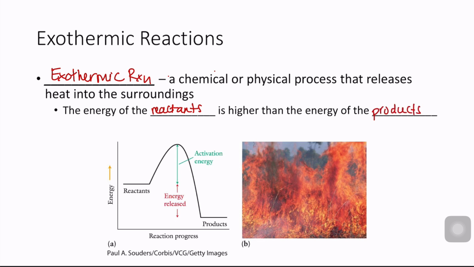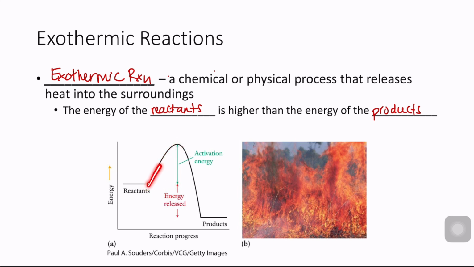And we can use a reaction diagram or an energy diagram to show what this process looks like. Here, my reactants are going to be at a certain energy. And in order for this reaction to take place, they have to get all the way up here in energy. And this is the activation energy, the difference in energy between the reactants and the tallest possible point.